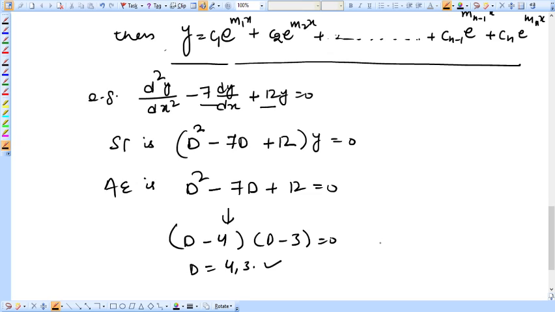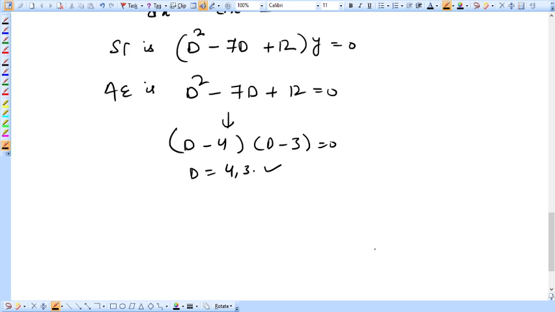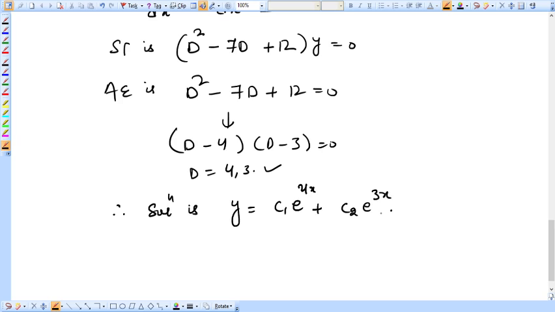These are two real as well as distinct roots. Therefore, the solution in this case would be y is equal to c1 e raised to power 4x plus c2 e raised to power 3x. You can verify this solution: is it a solution of the given equation or not?